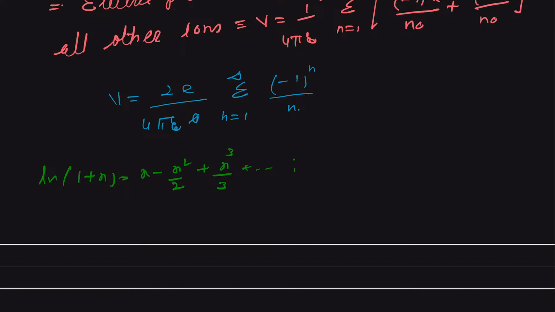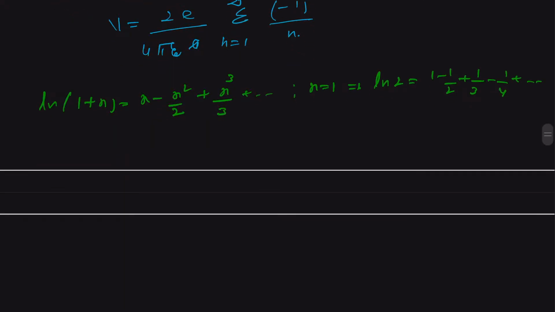And let us put x is equal to 1. Therefore we get natural log of 2 will be equal to 1 minus 1 by 2 plus 1 by 3 minus 1 by 4 and so on. Therefore we can write that summation n 1 to infinity of minus 1 raised to power n divided by n is nothing but minus natural log of 2.